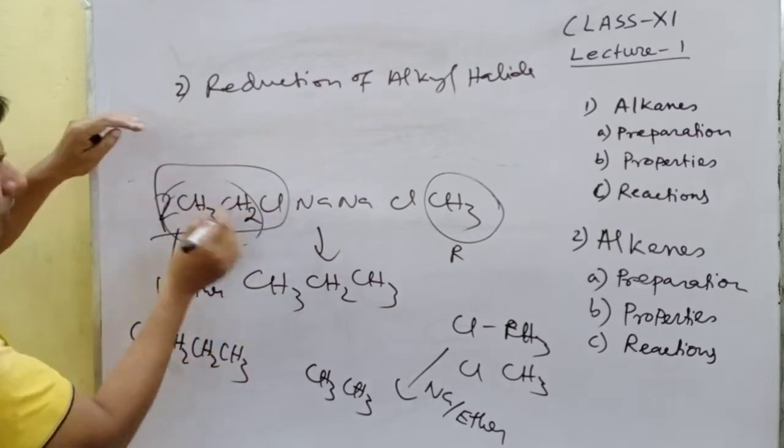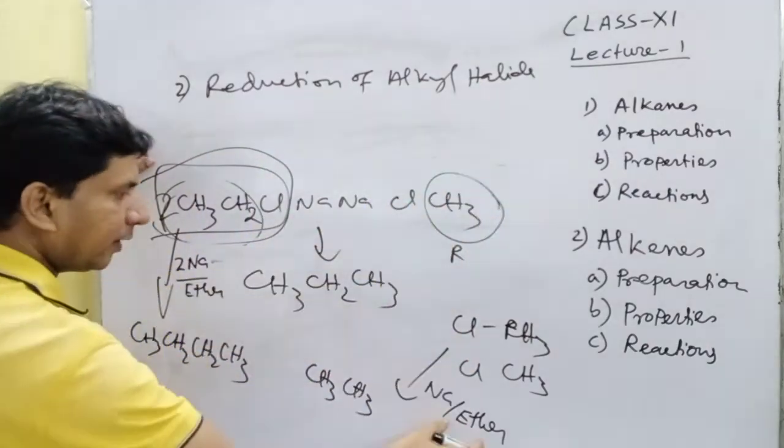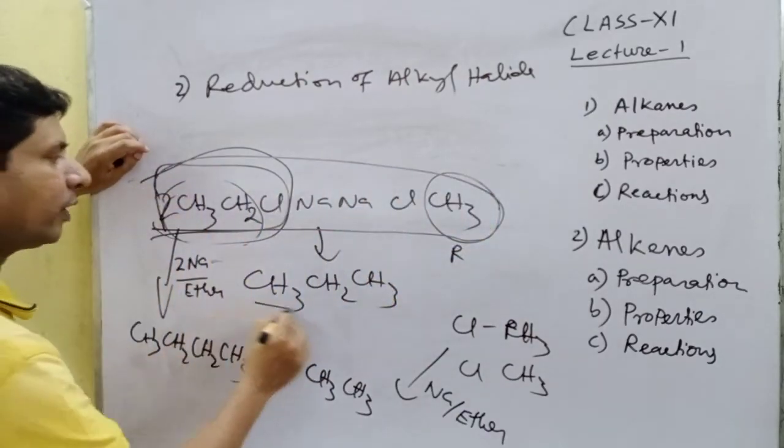So from this portion we can get this, and from this portion we can get this. Again, if they combine to each other, then we can get this.